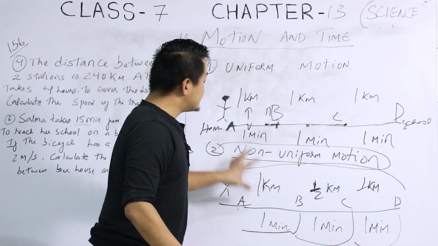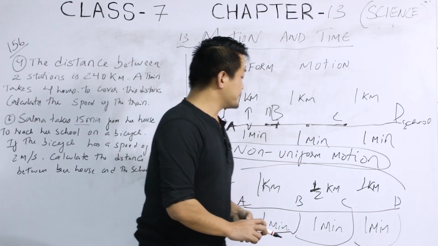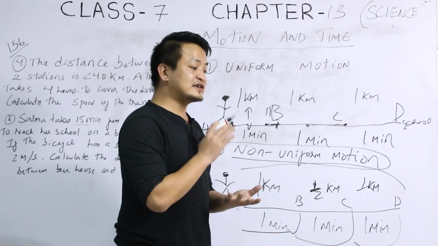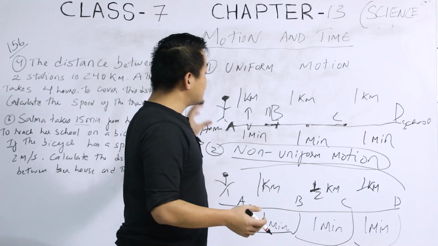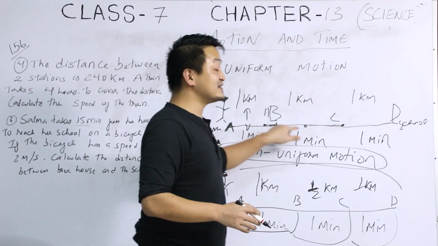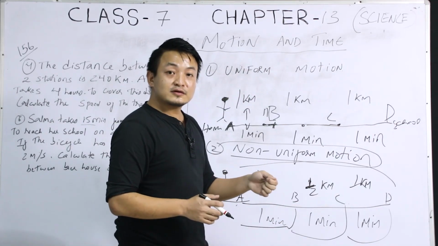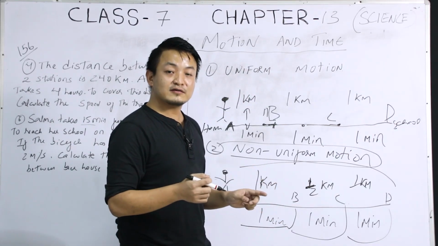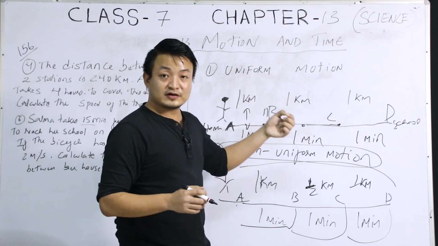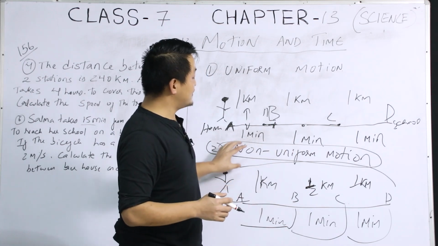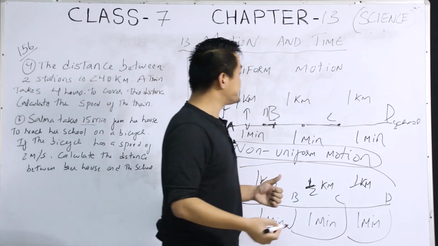Even for a car, let's say you go to school by school bus, you cannot expect the bus to cover equal distance in equal interval of time. Sometimes the driver might slow down, sometimes increase the speed, and sometimes there will be traffic on your way to school. So in real life, only non-uniform motion is possible.